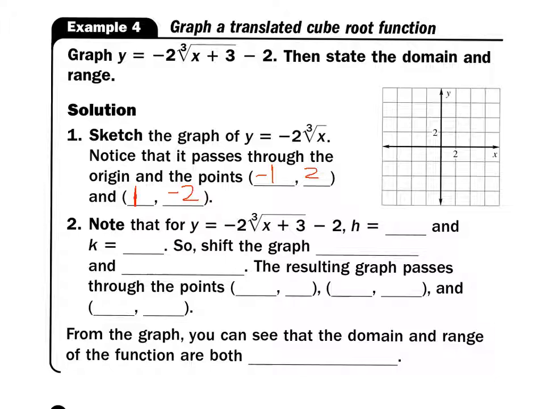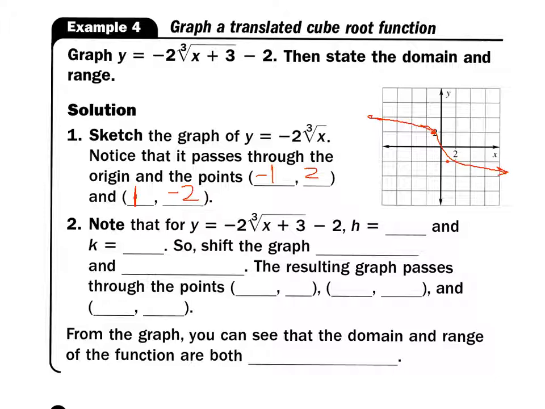So this one graphs as -1, 2, and 1, -2. So it does this turnaround thing right here.